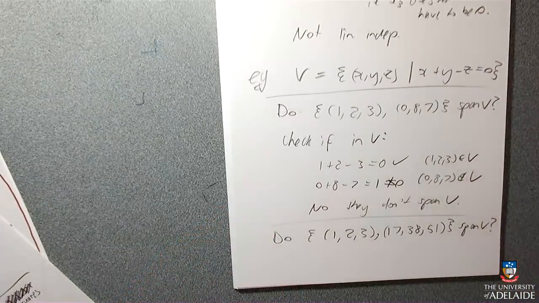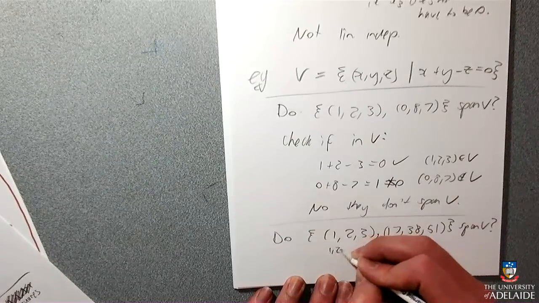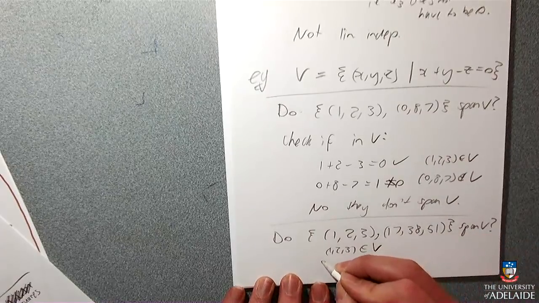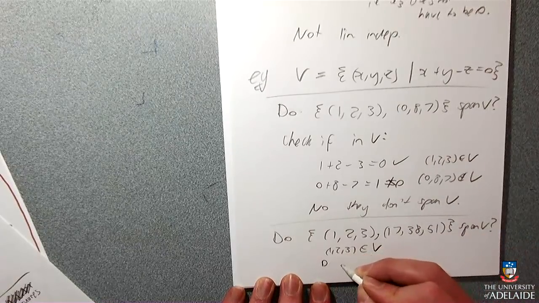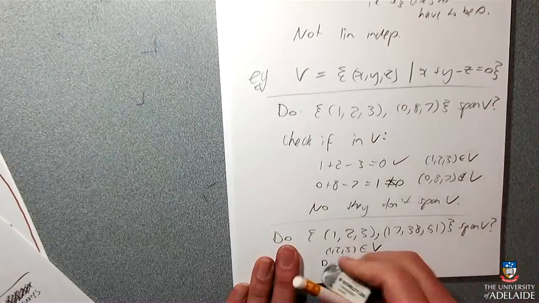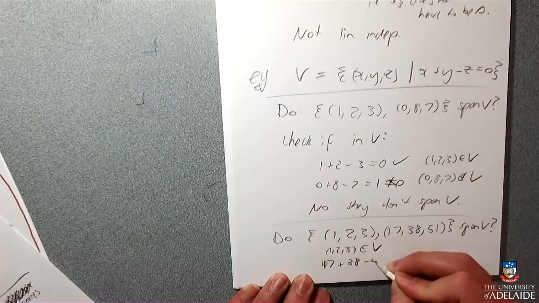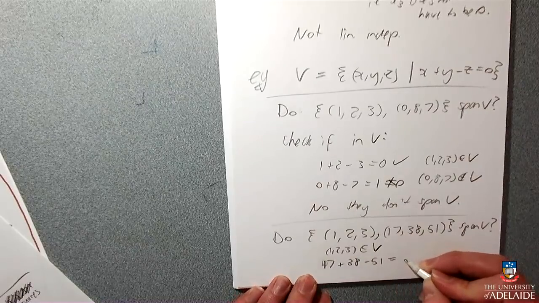So what about 1, 2, 3 and 17, 34, 51? Do they span V? Well, let's just check if they're in there. Let's see, 17 plus 34 minus 51 is indeed 0.